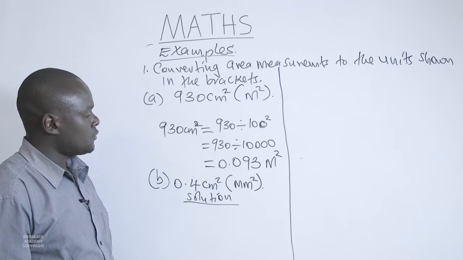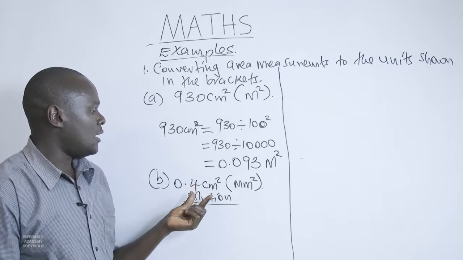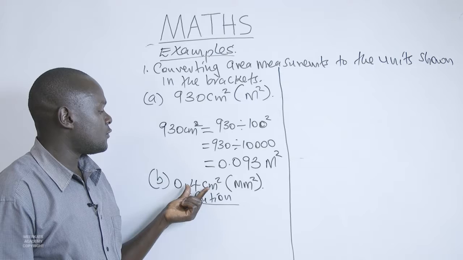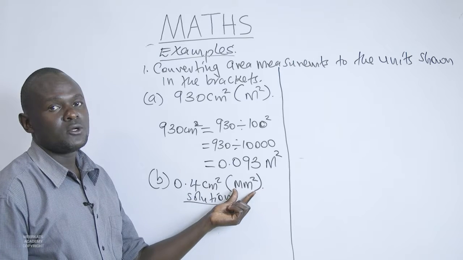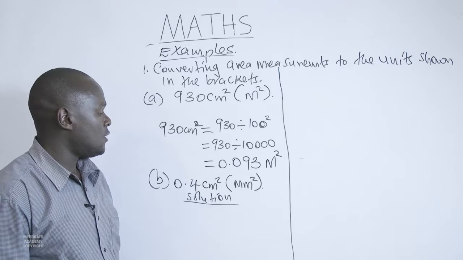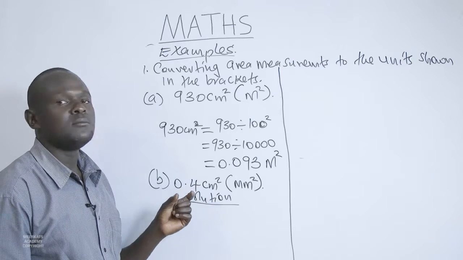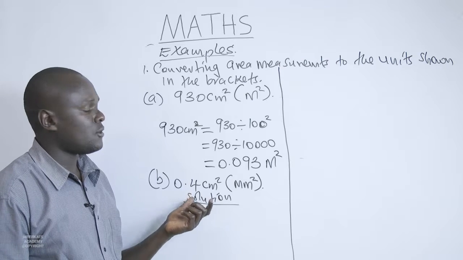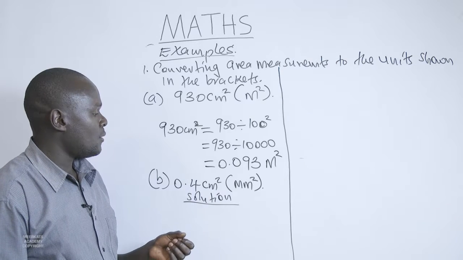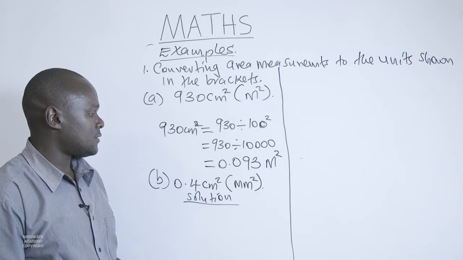What we ought to realize is that in this example, we are moving from a larger unit to a smaller unit. And from the chart that we have just created, when that happens, it entails multiplication. It is all about multiplication when you are moving from square centimeters to square millimeters.